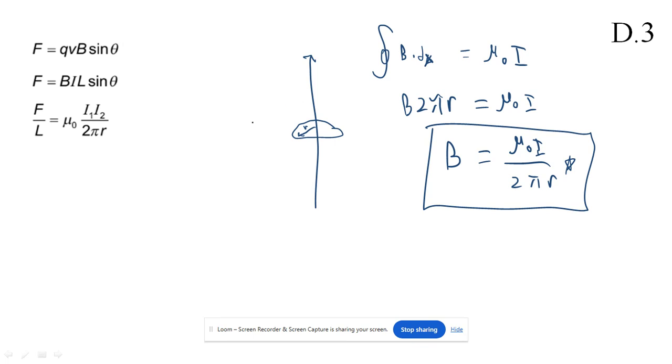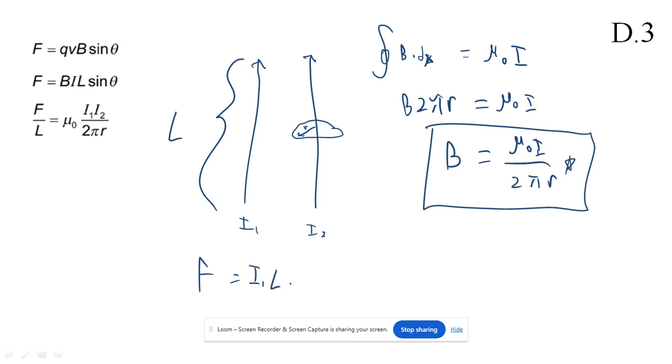And then, of course, if I stick another wire a distance from this, and it's parallel, even though I can't draw parallel lines, and this is I1, and this is I2, then I can say that the force on this wire is just I1 L, where L is this length, times the magnetic field.